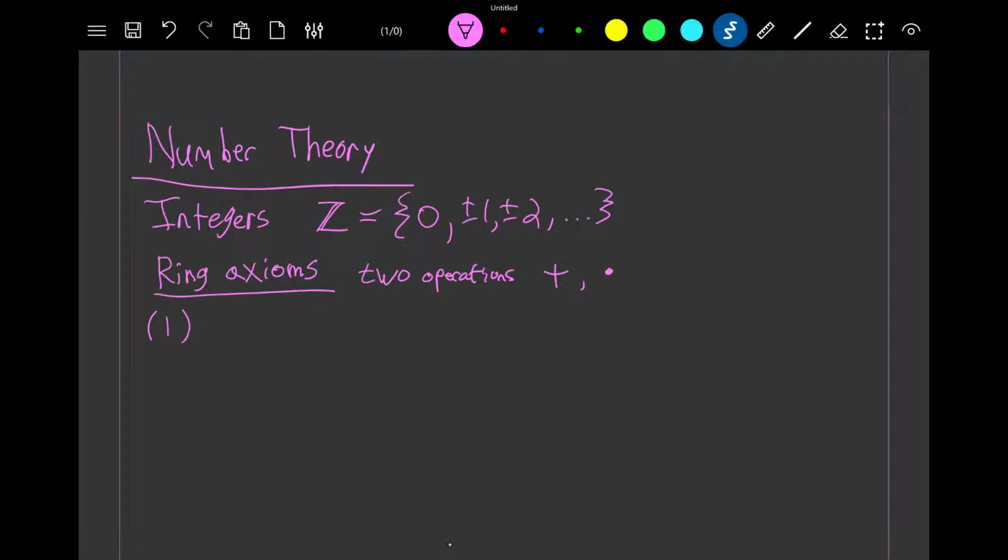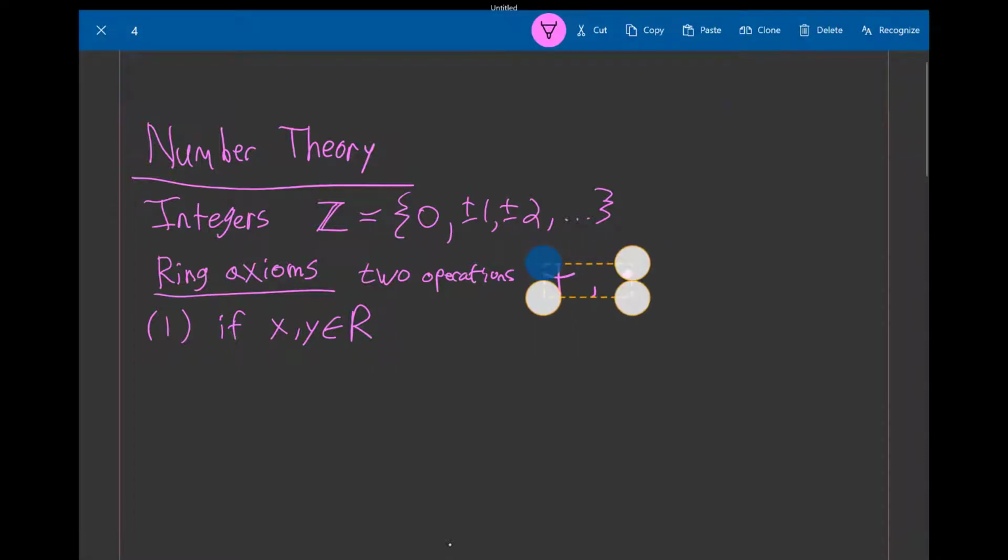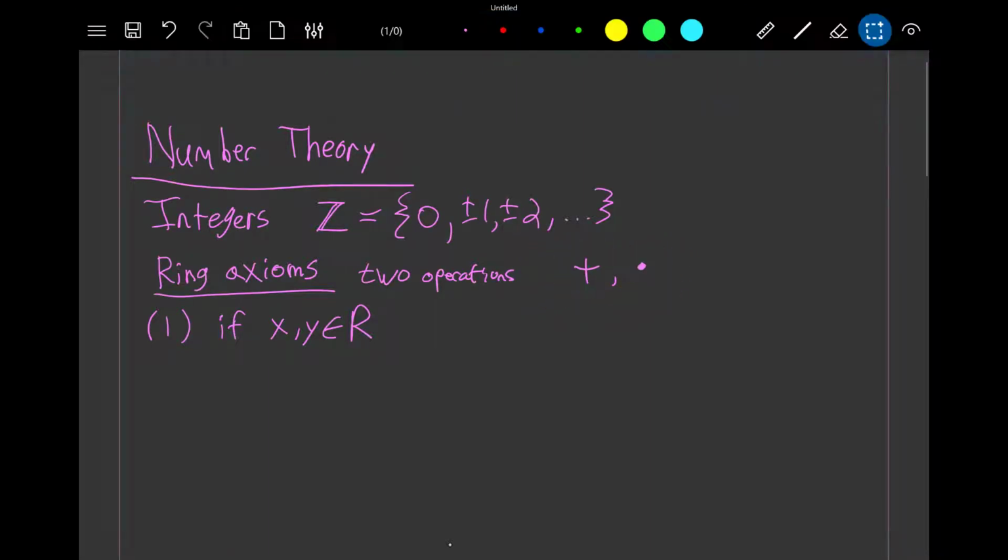And the ring axioms, they say the following. If x and y are in the ring R, so it's a set R with an addition and multiplication.